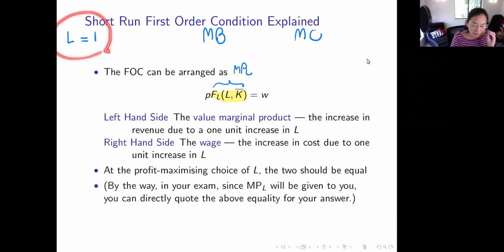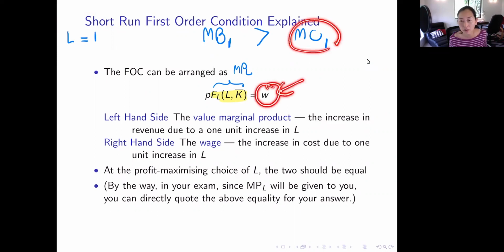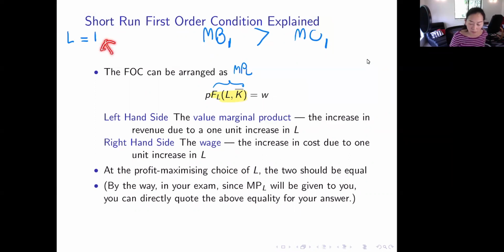Then what I do is compare the marginal benefit of the first unit of labor versus the marginal cost of the first unit of labor. As long as my marginal benefit is greater than marginal cost, then I would hire this unit of labor, right? How do I know the marginal cost of that unit of labor? Yes, I have to pay the wage rate for that unit of labor. That is my marginal cost, right?